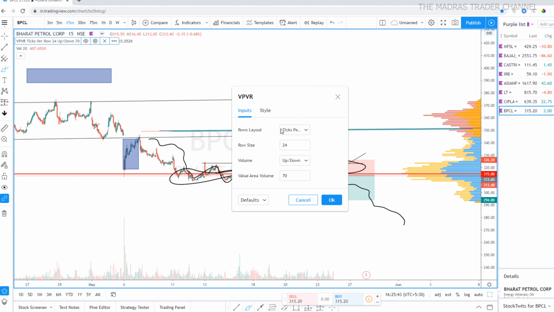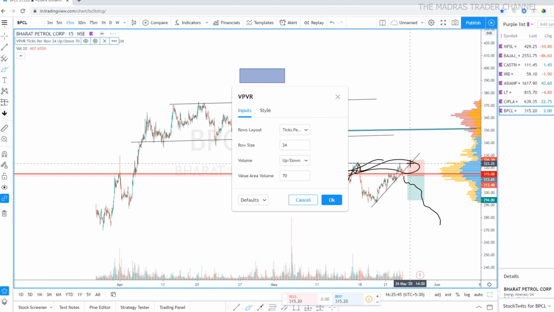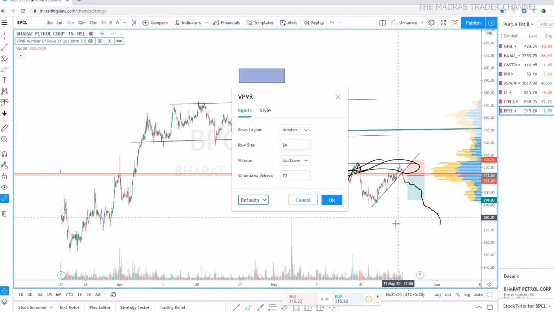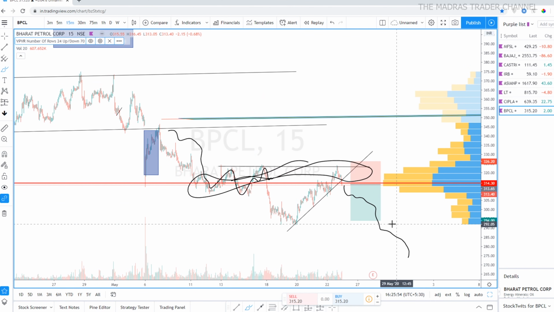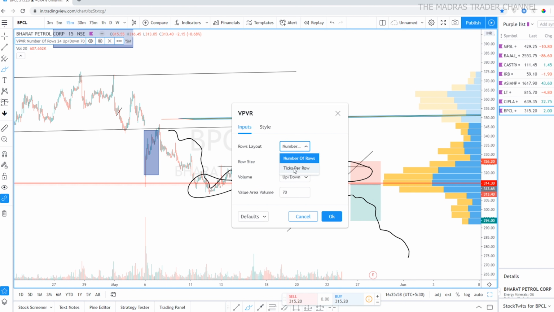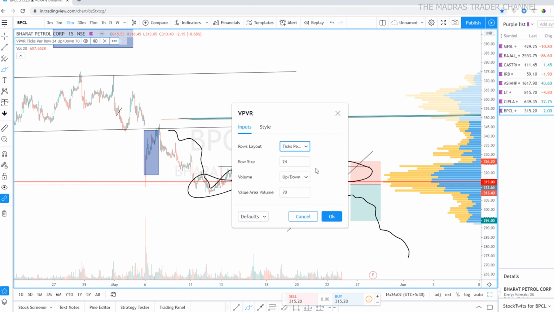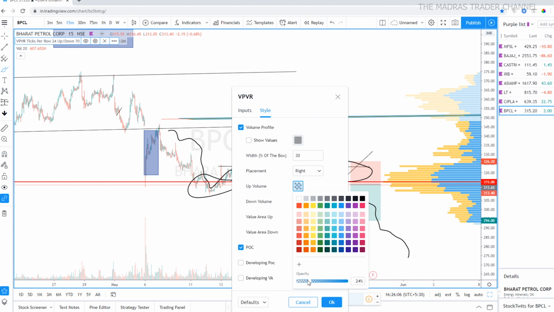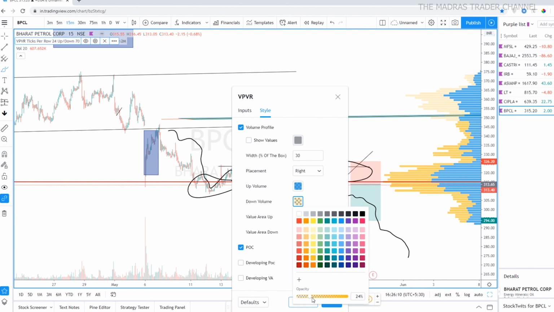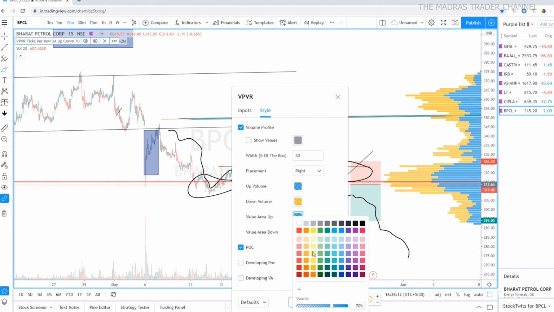So regarding the settings, normally the volume profile doesn't look like this. It will look something like this, some huge bars. So what you have to do, make sure to change this into ticks per row, and go to this style. Make sure you increase this opacity so that it looks better.